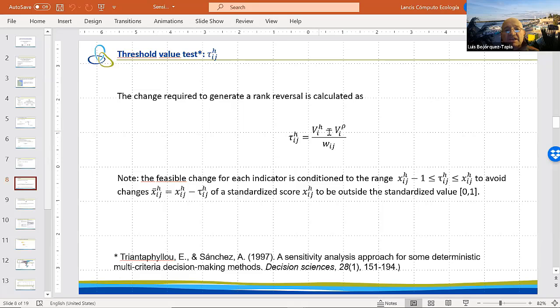What you take is the difference between the reference value and the value of each household, and you divide it by the weight. And you have a measurement of whether the value is feasible or not.